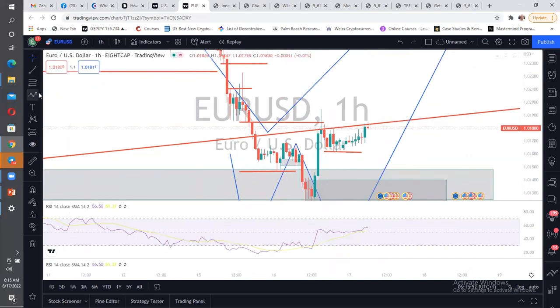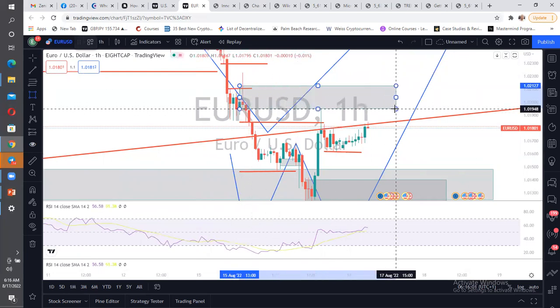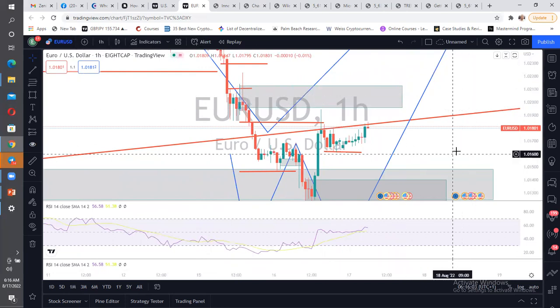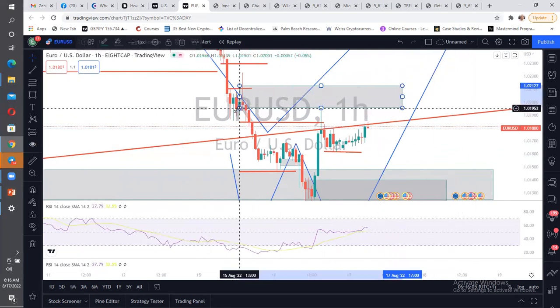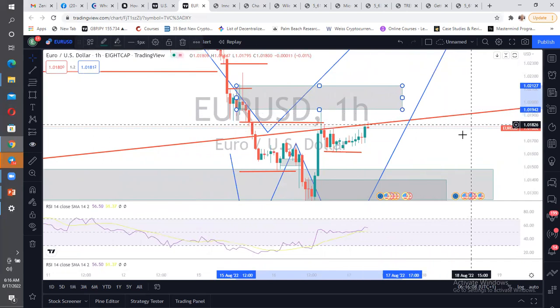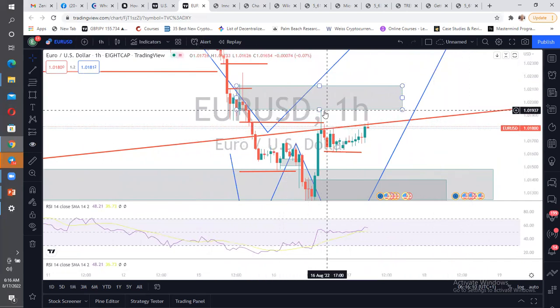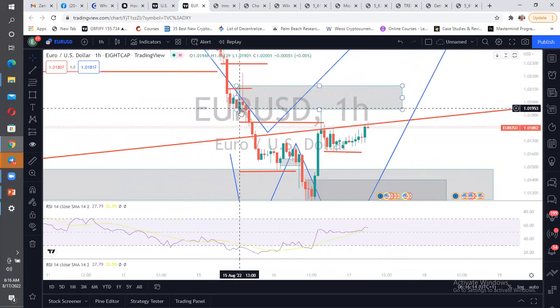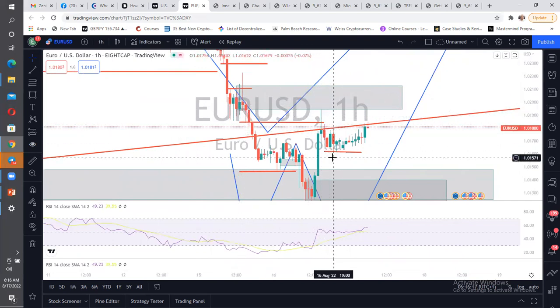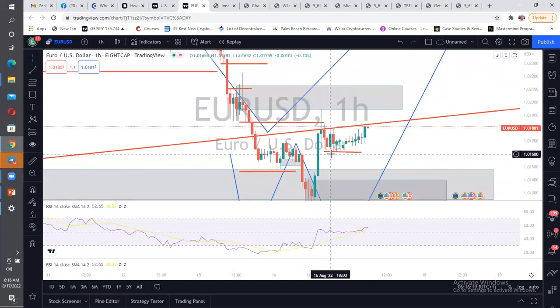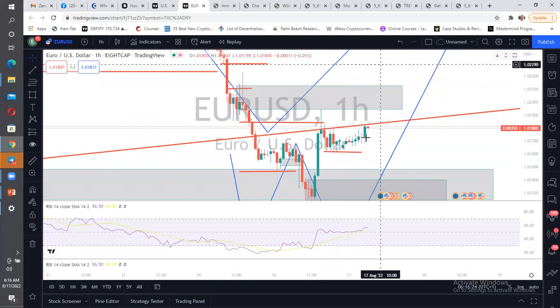And that is where the market hit. After it hit this level, which is this particular OB that we have here, it pulled back and traded into the fair value gap. After trading into the fair value gap, what do you expect? You expect a push to the upside.